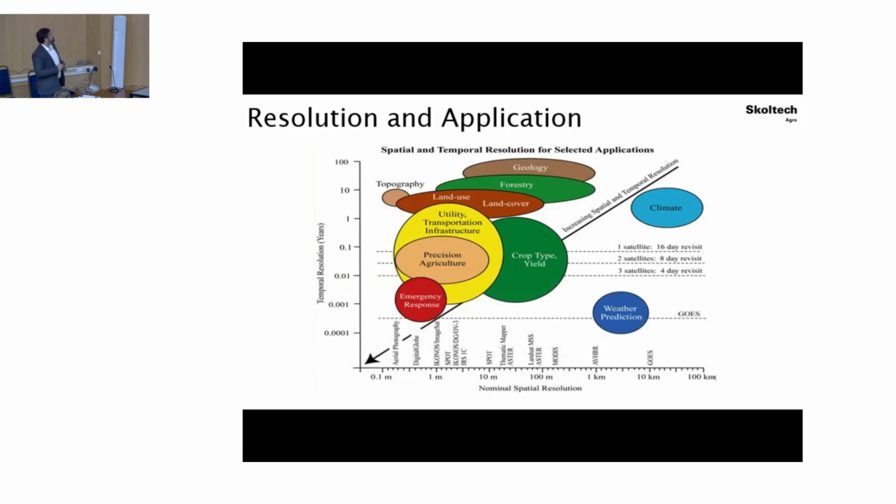So the temporal resolution can be pretty high. And also, you don't talk about it in terms of a farm field. Talk about it in terms of a region or continent. But if you're doing emergency response or even precision agriculture, you need that resolution to be very high.